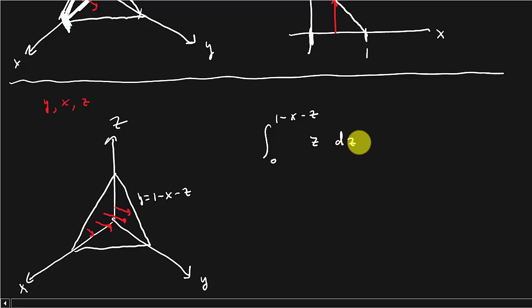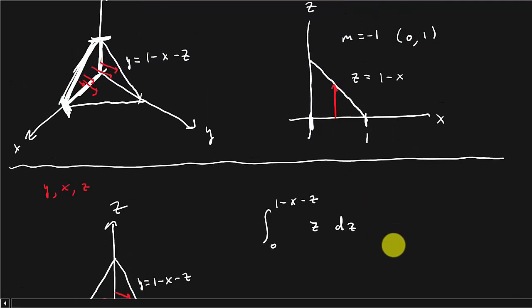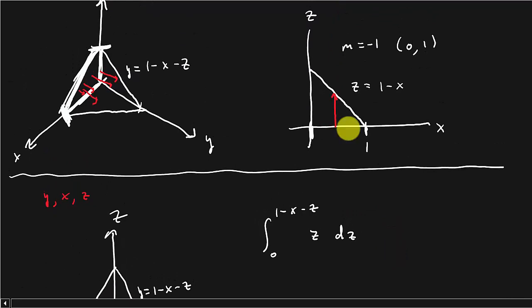Now I need to go with respect to x. Okay, with respect to x. So look at this. We're just going to use this again. So I'm going this way. So I'm going from 0 out x units.